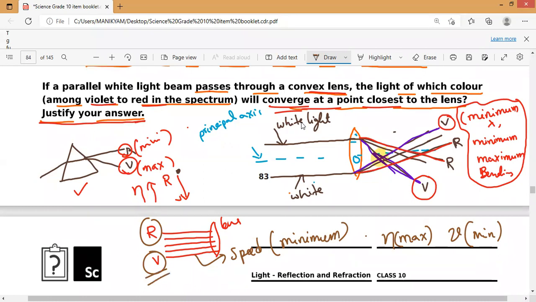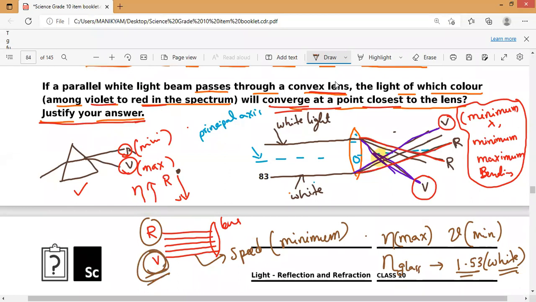Violet color. Basically, we know, what is the refractive index of glass? Anyone? It is around 1.53, or 1.6, somewhere around that. Verify in your book and tell me. So when white light is passing, the refractive index is this value. But when different colors of light are passing, the refractive index again varies from minimum to maximum based upon the color of light.